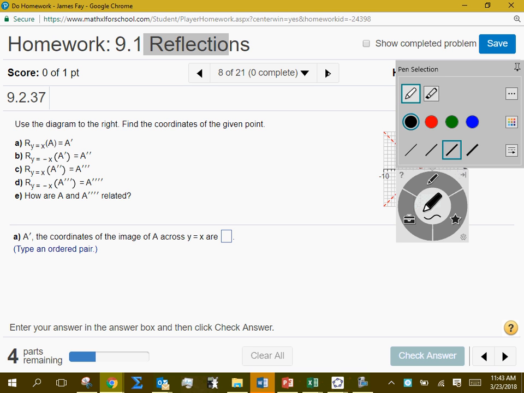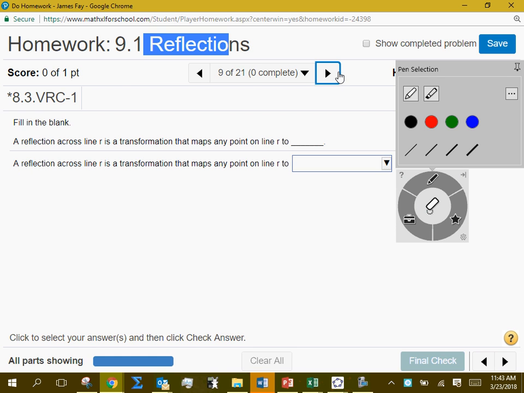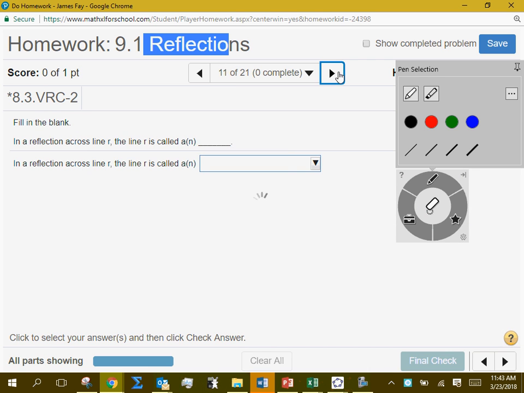We call them compositions of reflection. So we have a reflection of y equals x, and then we compose that with y equals negative x, and then we compose that again with y equals x, and keep doing that. But all that means is that you do this one, followed by that one, followed by that one, and that is exactly what's happened there in 19.